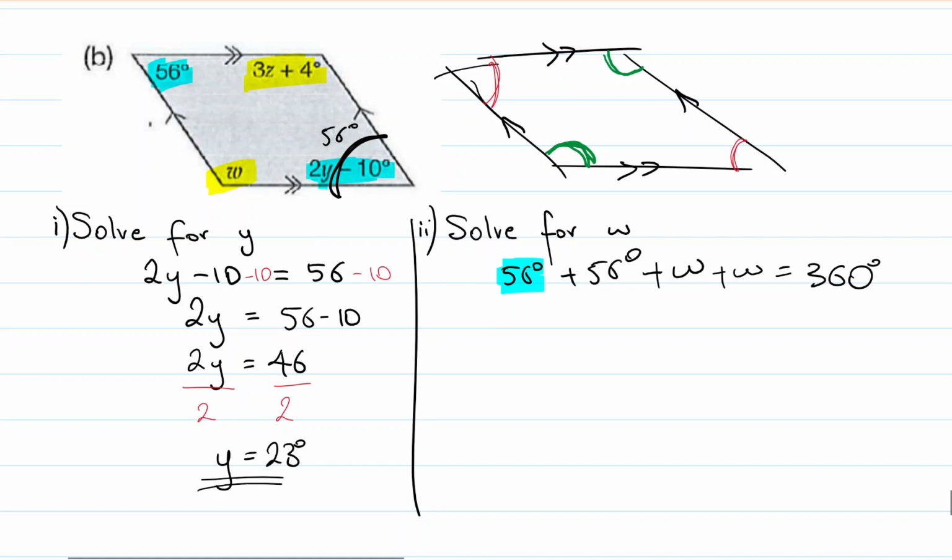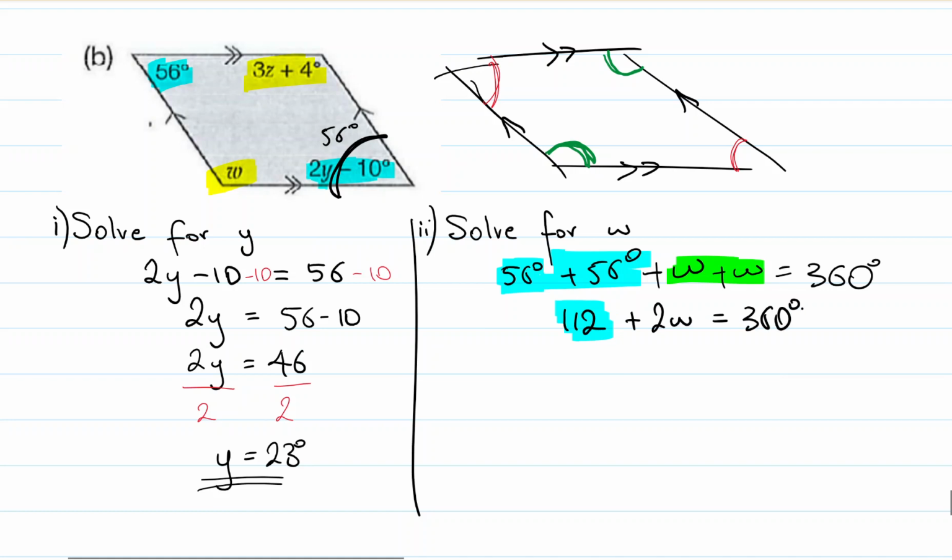So 56 plus 56 is 112. So those constants, I'm going to put those together. I got 112 degrees. And the w's, I can combine those together, and I should get 2w equals 360 degrees.